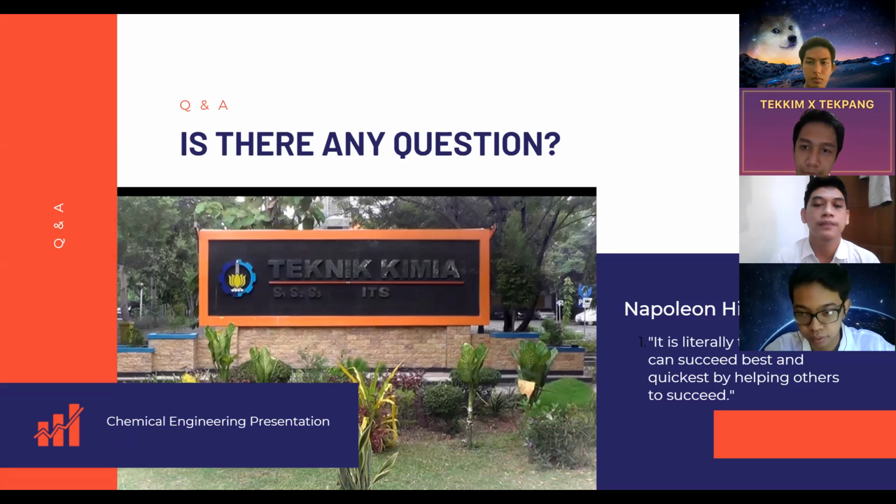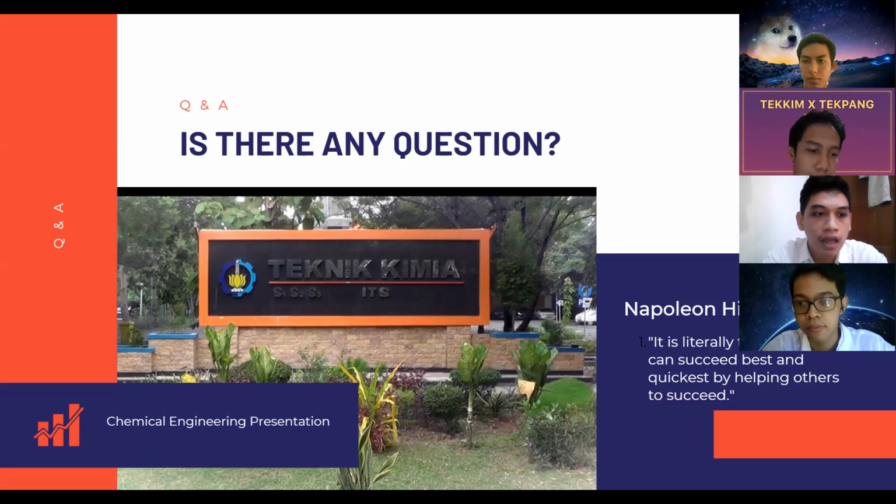The first one is what is the role of the chemical engineer in the FMCG industries? A chemical engineer in FMCG industry has a big role. His most value addition comes in process improvement and quality assurance.